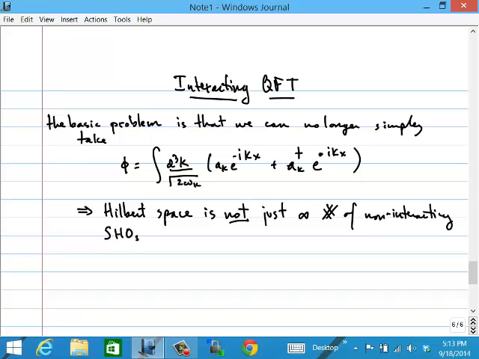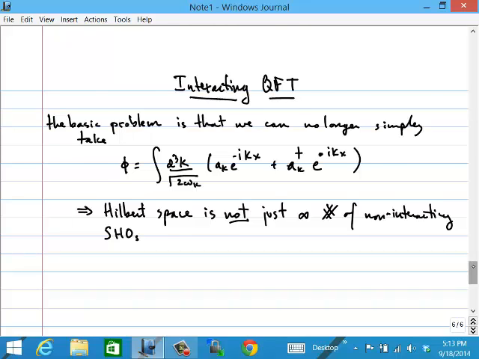So multi-particle states cannot be described simply, for example, as a_k dagger a_k' dagger acting on the vacuum state. So before we begin discussing how we'll do computations in these interacting quantum field theories, we first need to talk a little bit about what the Hilbert space is and what space of states we're going to be studying when we study interacting quantum field theory.